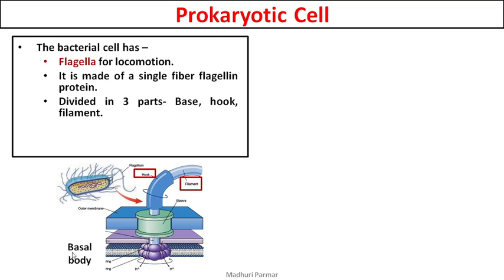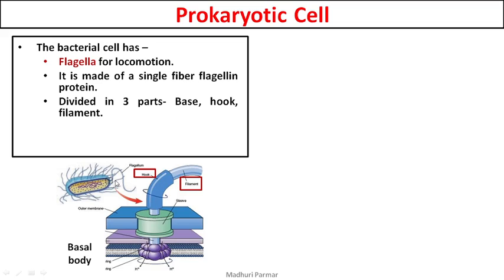Okay, basal meaning base. Base is where the flagella is attached. So basal body here. Then you have a hook. Hook is where the filament will be attached, where the flagella is actually attached. Okay, so this is the curved portion which is called the hook, and attached to the hook is filament.